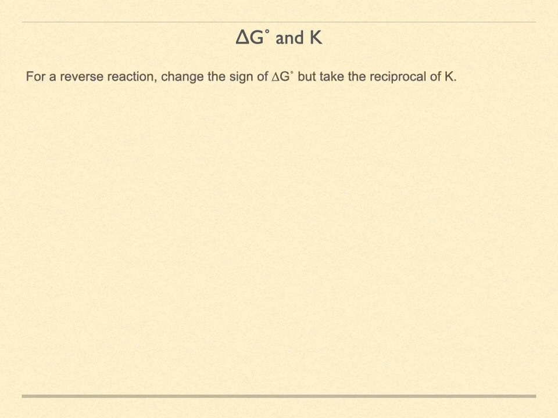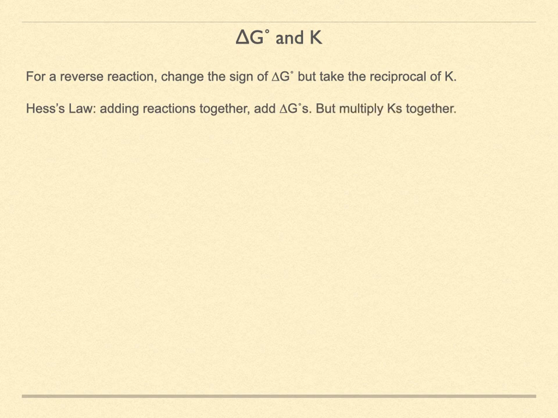You have a reaction with its particular delta G naught and K. The reverse reaction just changes the sign of delta G naught, but it takes the reciprocal of K, 1 over K, for its equilibrium constant. Equilibrium constants are always positive, but they can be less than or greater than 1. If you are applying Hess's law to a few equations and summing them together, you similarly sum delta G naughts.